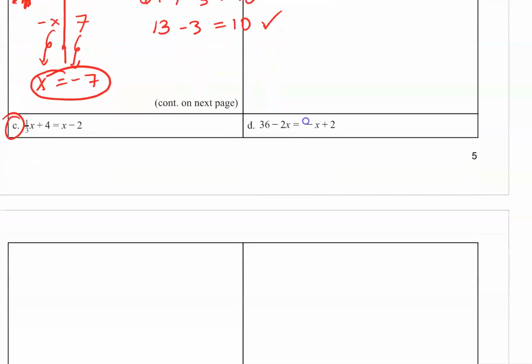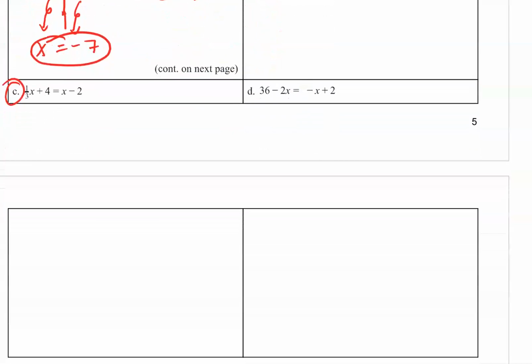There's our solution. Now let's do C. Okay, so for part C, we have a fraction. We want to get x on one side, and right now x is on both sides. So here's what I'm going to do. I'm going to pick the smaller x. I've got a 1x and a third x. So I'm going to pick this one. And I'm going to make a 0 pair.